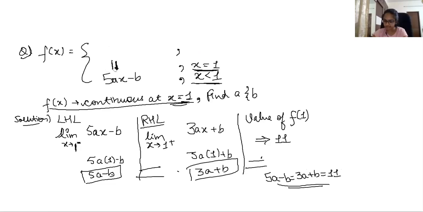I think you must have written it, so I'm clearing it. We have two equations. Five a minus b, minus 2b.